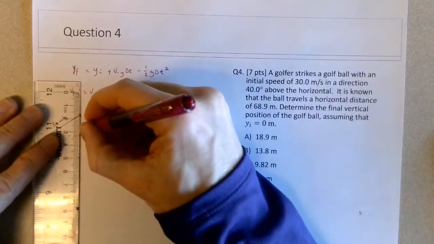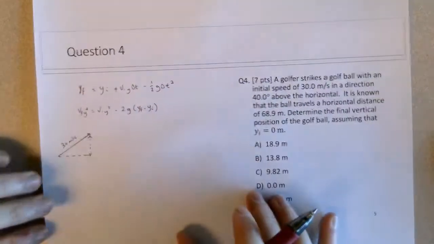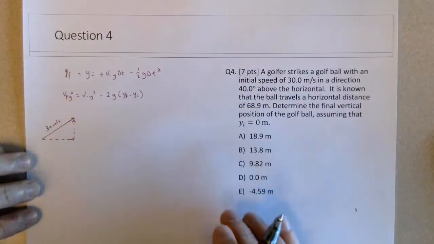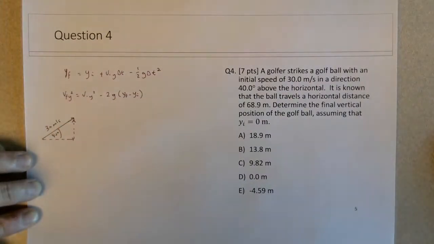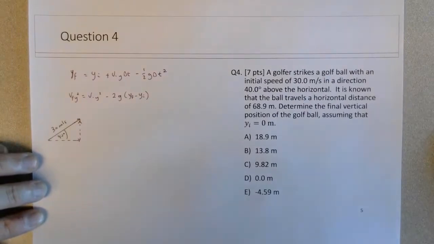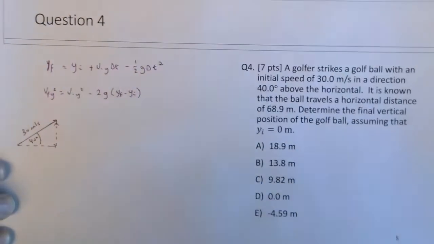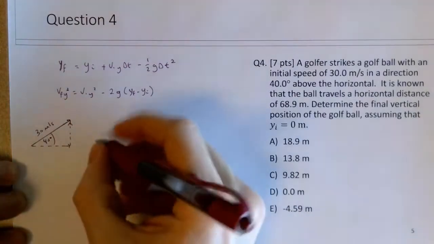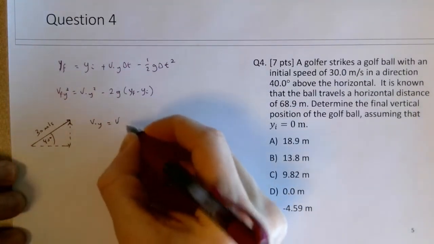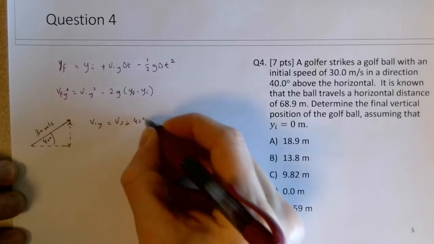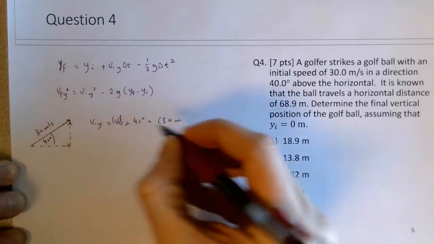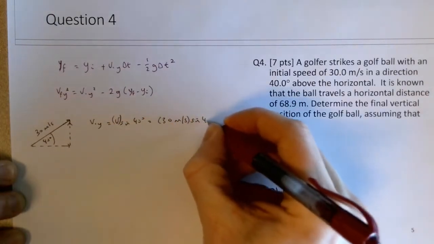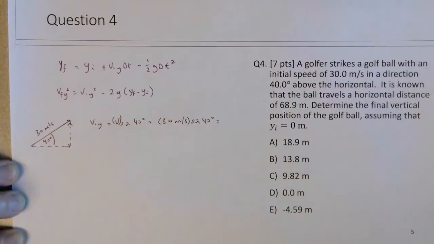This is our x component, this is our y component, and it's at 40 degrees. So our viy will be equal to v sine of 40. That will be 30 meters per second times the sine of 40 degrees. You work that out on your calculator. You should get 19.3.